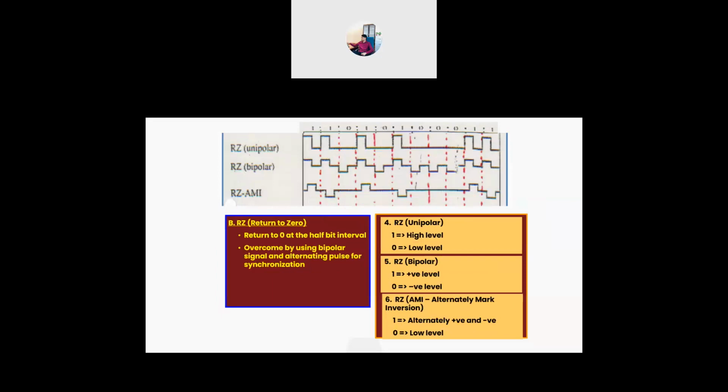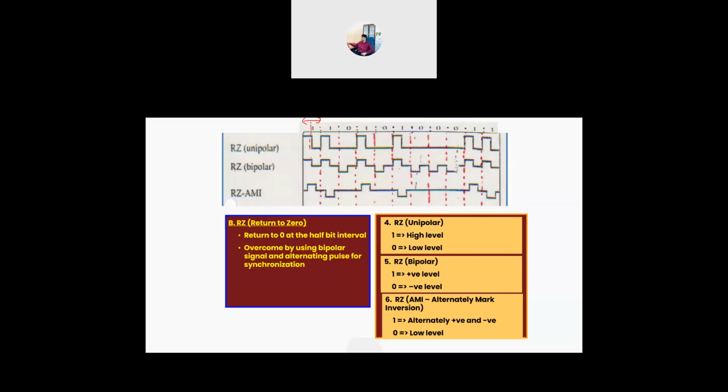So this one is the RZ unipolar or RZ bipolar. This one is all positive or all negative, and this one we're going to have positive and negative. Then alternate mark inversion. RZ is return to zero at the half bit of the interval, so this is your complete period, and half bit of the interval is this one.